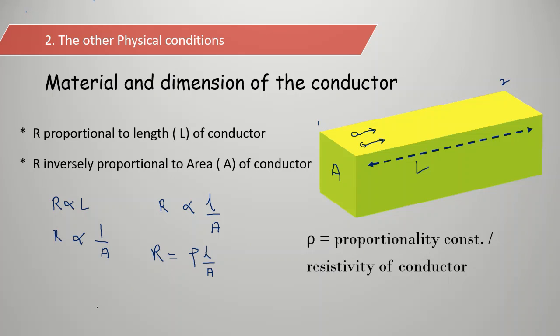Let us consider L equals 1 and area A equals 1, that is unit length and unit area. The resistance of a conductor when length and area are unit will be the value of resistivity of that conductor. I repeat, if we place L equals 1 and area equals 1, then R equals rho, and hence that will be the value of resistivity of a conductor.